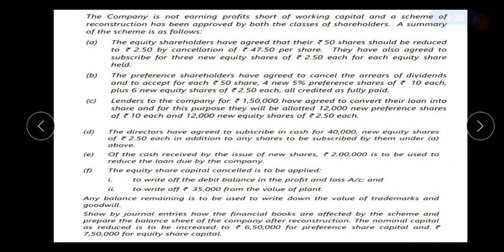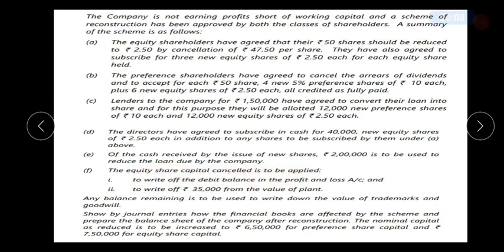So that is settled. Then the final entry. This one is very important. Now you have capital reduction account credit balance. You can make use of that credit balance for writing off the fictitious assets and undervaluation of other assets. What is said in the problem? They are saying the equity share capital cancelled is to be applied.